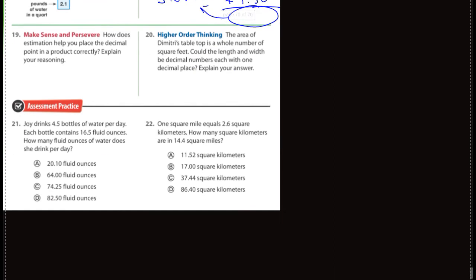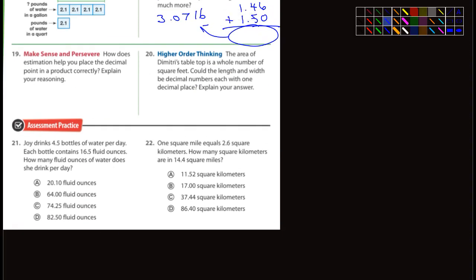Almost done here. Number 19. How does estimation help you place the decimal point in a product correctly? Estimation helps you see if your answer is reasonable or close.